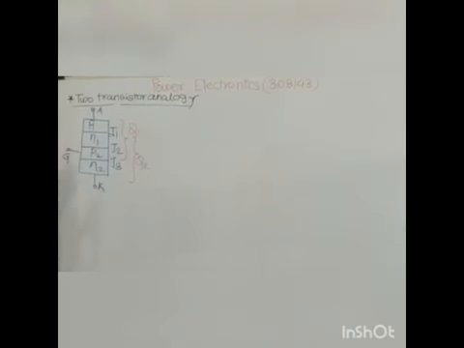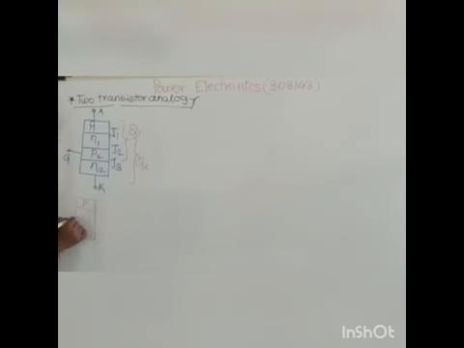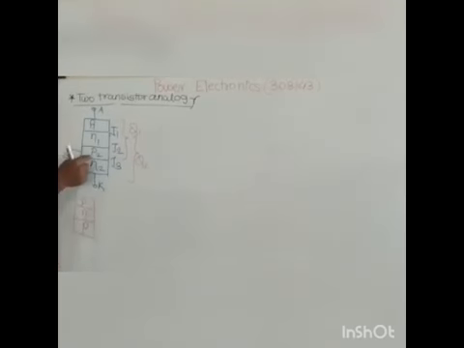Here, I will draw the structure. This is the PNP transistor. First one transistor is there: P, N, and P, that is P1, N1, P2. This is transistor 1.